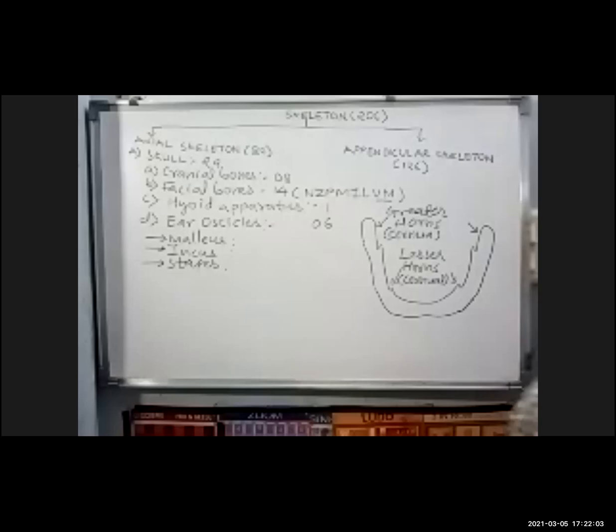What are those projections called? The upper one will be called the greater horn or greater cornua. The lower one is called the lesser horn or lesser cornua. Clear? So this will be attached to the muscles of the tongue. Also muscles of the neck and muscles of the pharynx will be attached to this cornua only.